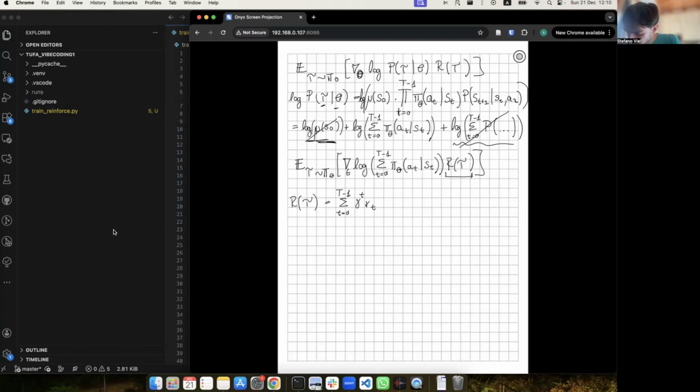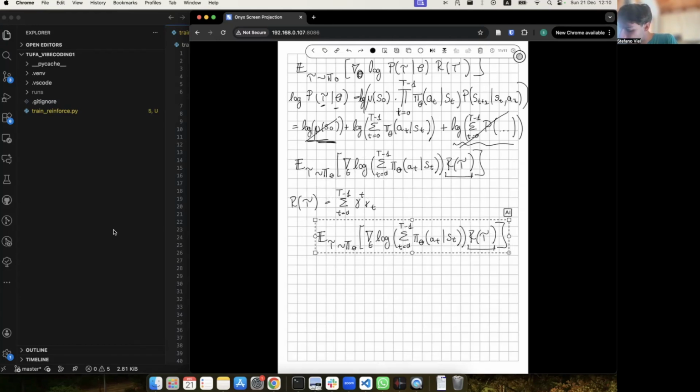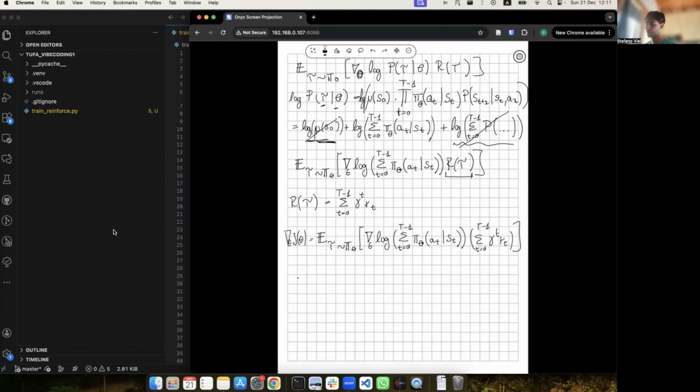So we can rewrite all of this one last time. And this again is the gradient of J theta. I just need to substitute this here.